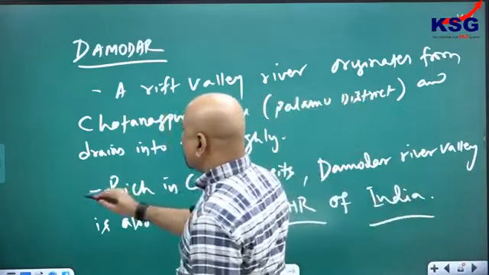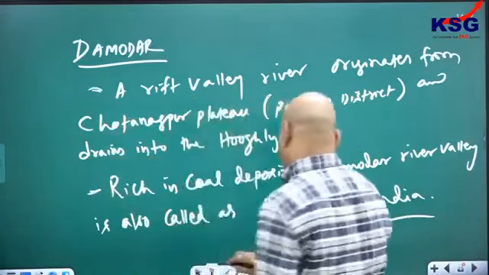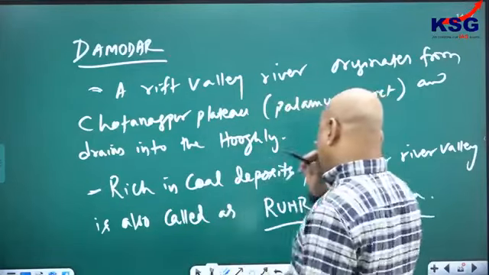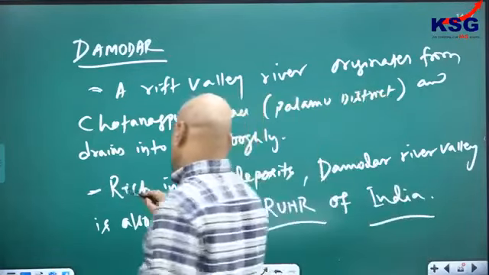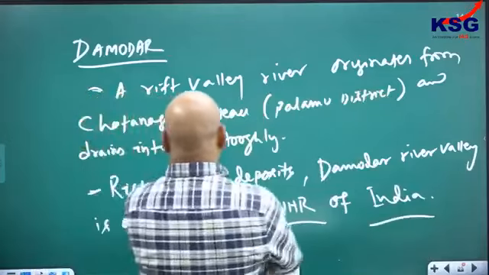Damodar river valley also called the Ruhr of India. Rich in coal deposits, these are called the Ruhr of India, I said.